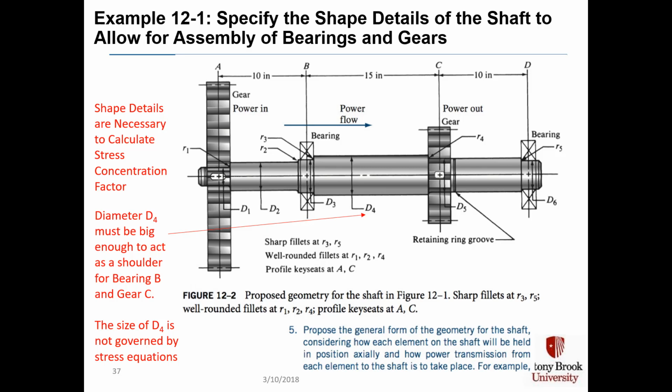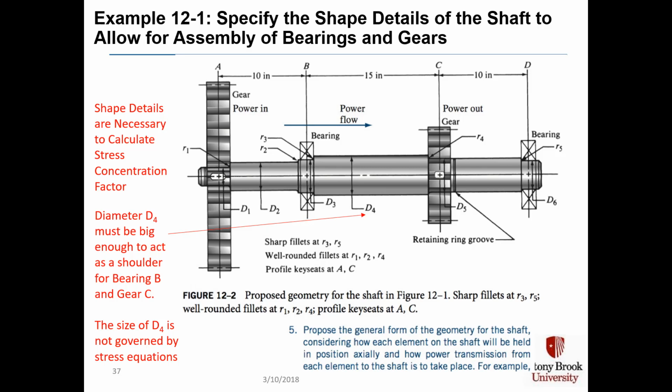And then we need to press fit the bearing at diameter D3, and when we do that we have to have a sharp fillet R3 in order to allow the bearing to seat up against the shoulder created by diameter D4. Now D4 must be big enough to act as a shoulder for bearing B and gear C, but it's not governed by the stress calculations because it's larger than D3 and it's larger than D5, and it can certainly handle the torque and the moment at those locations.